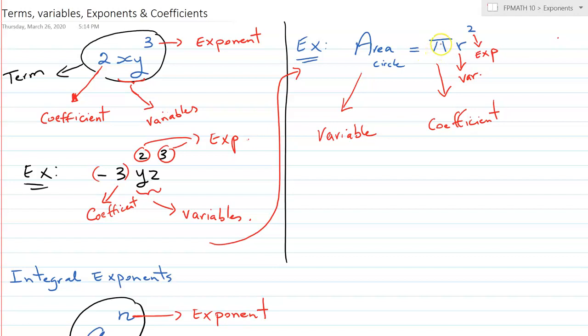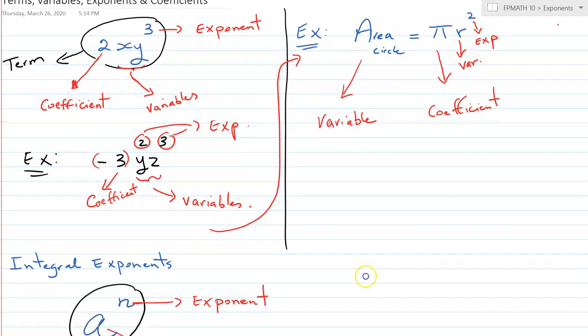Even though it is unique, it's actually a number. It's an irrational number. So that is actually a coefficient in front of the variable r, and r is the radius of the circle, and 2 turned out to be the exponent. Depending on what r is, we can plug a number in and then get the value for the area of a circle by squaring it first and then multiplying it by pi.